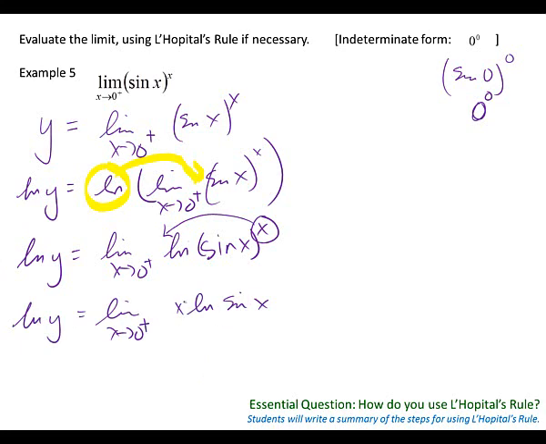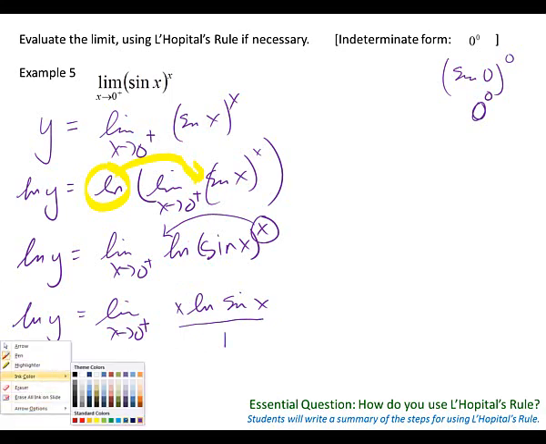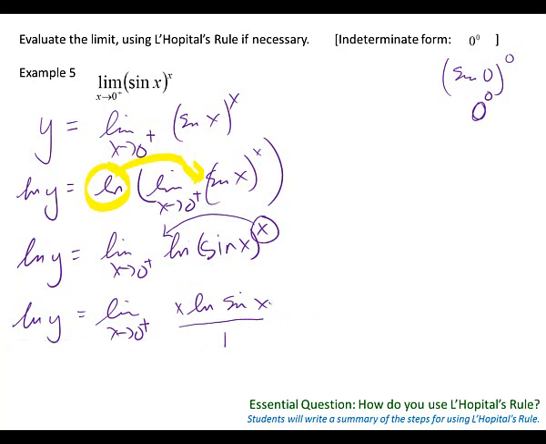What we have is some kind of weird product rule going on, so I'm going to introduce something weird, okay, to get rid of this x up here. I'm going to pretend like there's a denominator of 1 there. And again, it's a technique. You don't see this in every problem, but I want to make sure if you see it in the homework, you're ready for it. So I'm going to multiply by this. Looks weird, right? What I'm trying to do is introduce a denominator.